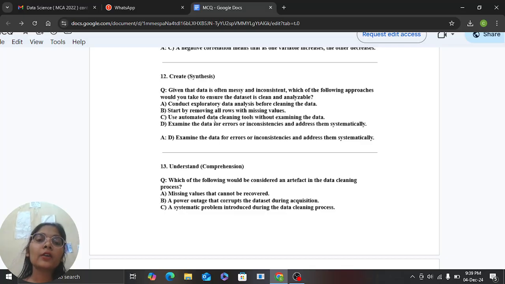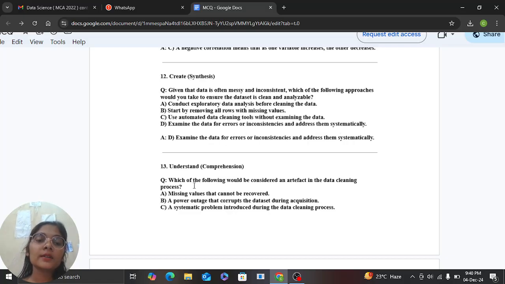So here we have to select which technique we can apply to that data set so that it will be clean and analyzable. The technique we can apply here is that we can examine the data for errors or inconsistencies and address them systematically.